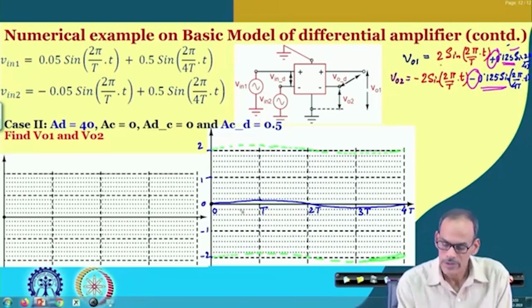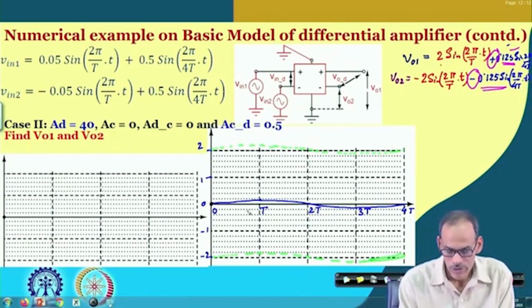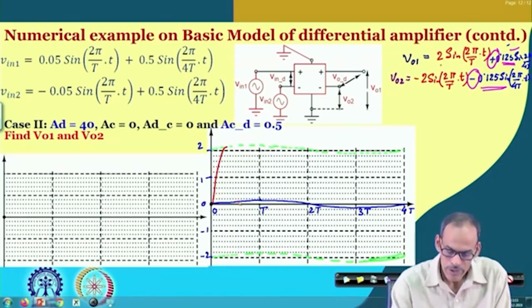So, if I combine this blue part and this red part, what we have here is VO1, it will be like this.